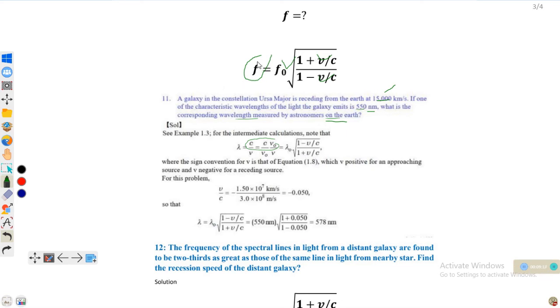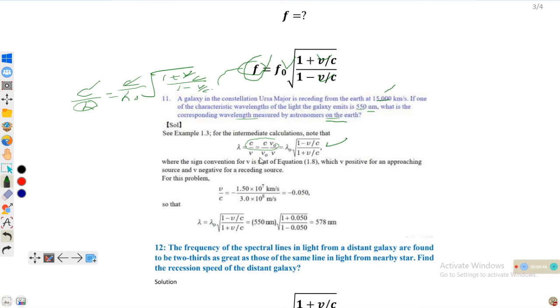Writing the frequency term, C over lambda is equal to C over lambda naught times the square root of (1 plus V over C) over (1 minus V over C). The C cancels with C, and we find lambda equal to lambda naught times the square root of (1 minus V over C) over (1 plus V over C).